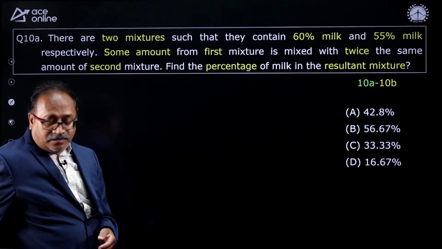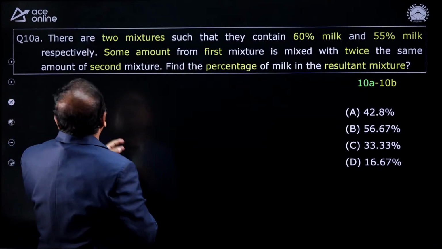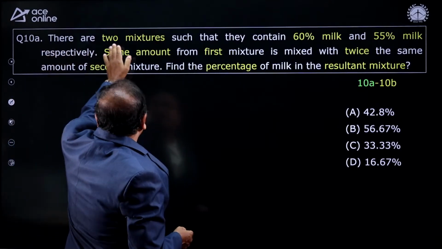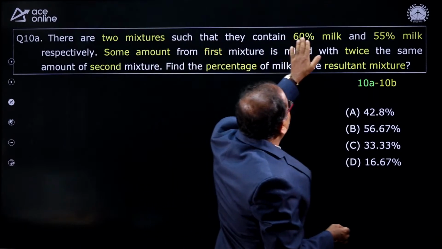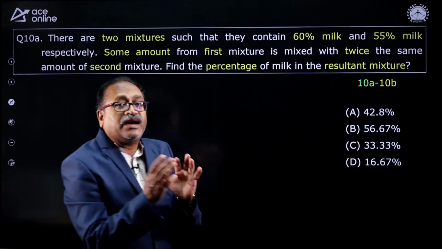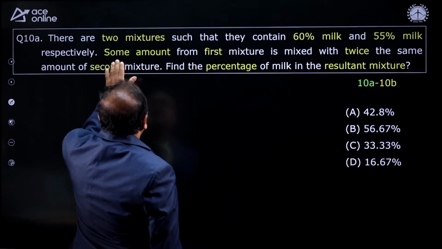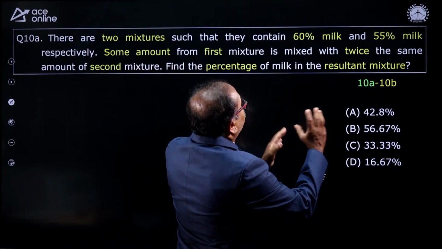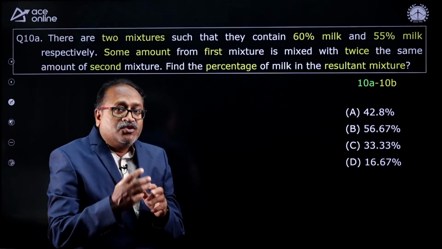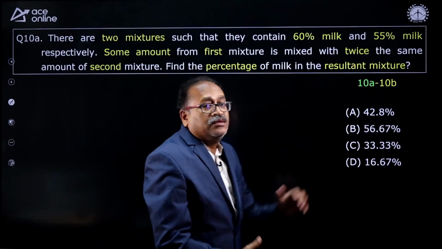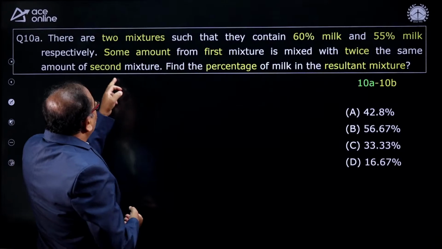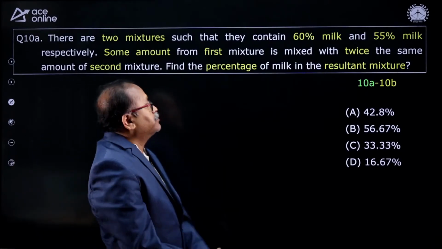So I'll move on to the next question. Sai, doing well, sir. Keep it up. There are 2 mixtures such that they contain 60% milk and 55% milk. Now, some amount of the first mixture is mixed with twice the amount of the second mixture.